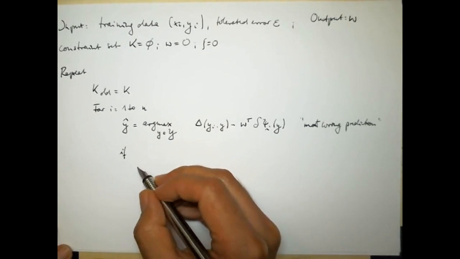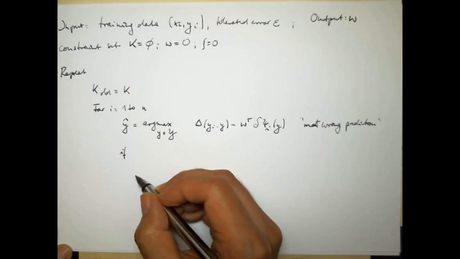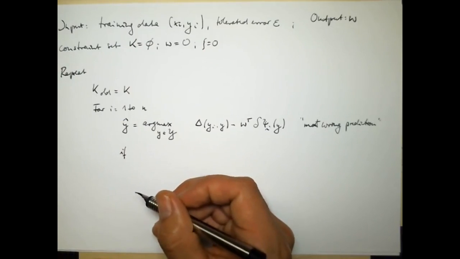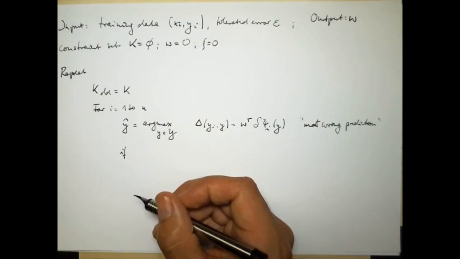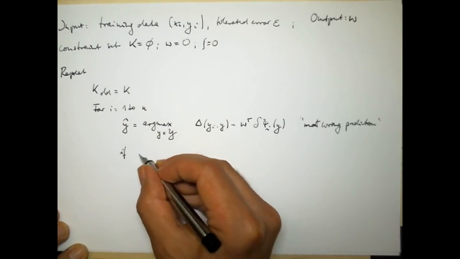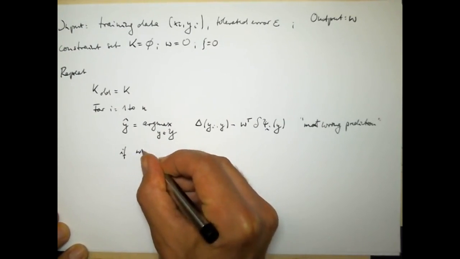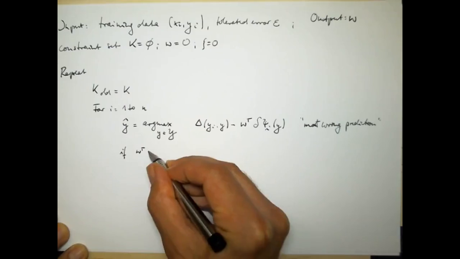And if this prediction is sufficiently vicious, we want to include that sample in our active set.